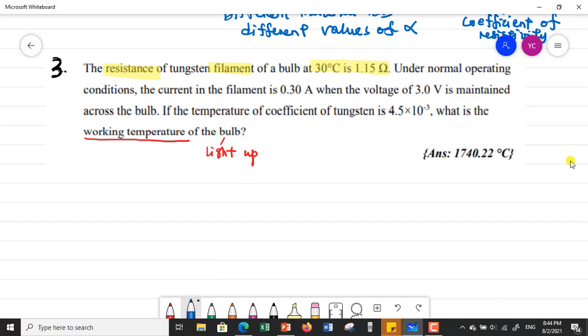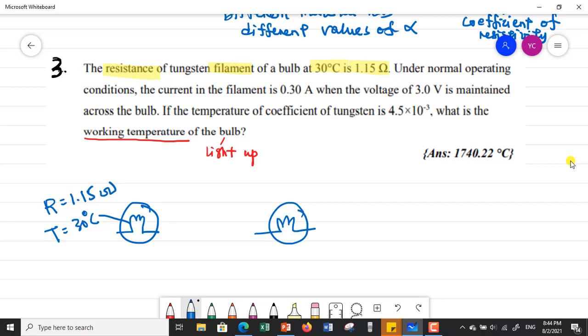So let's say this is the filament, so this is the light bulb. The question tells us that the resistance of this filament is 1.15 ohm at a temperature of 30 degrees Celsius. So how are we going to light up the bulb?